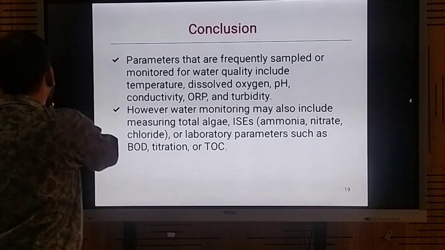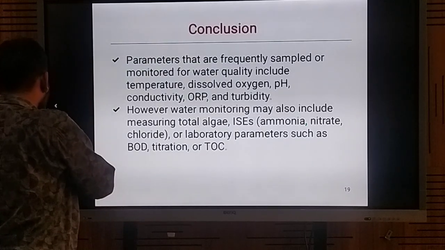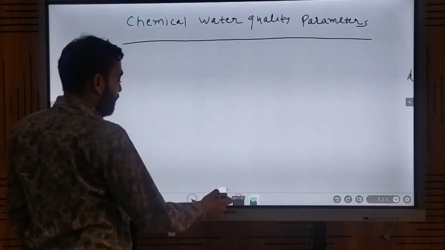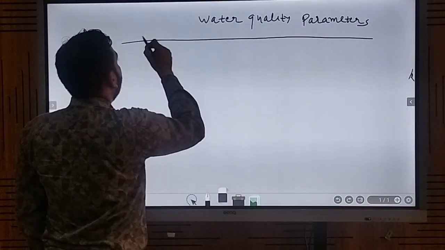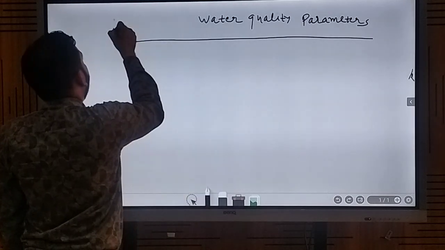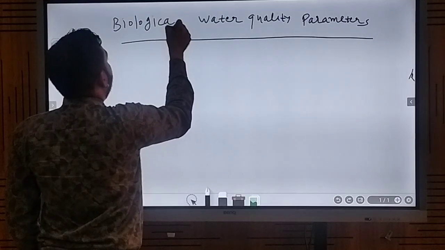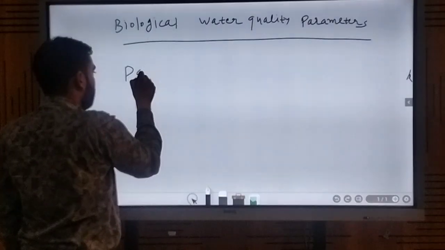The last water quality parameters are the biological water quality parameters. Biological water quality parameters are in the form of pathogens.